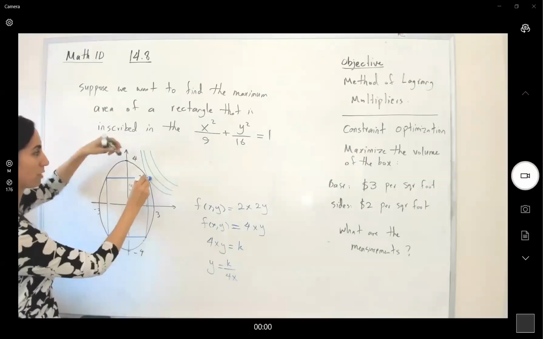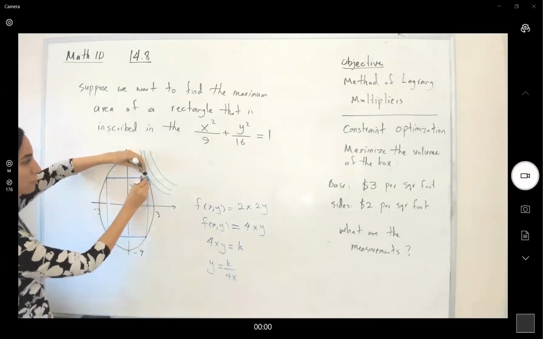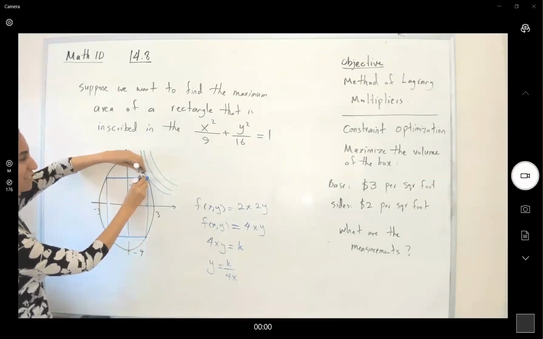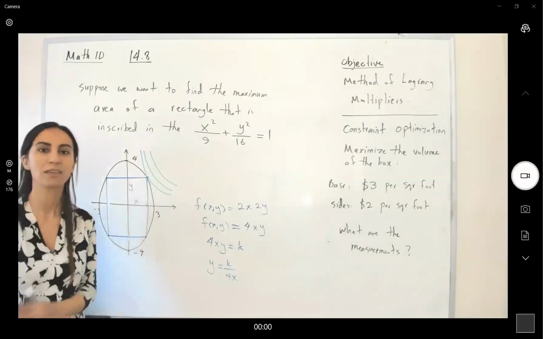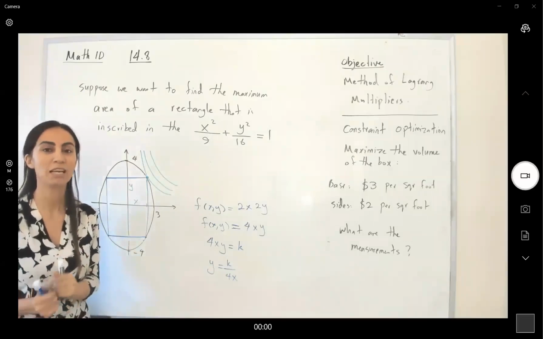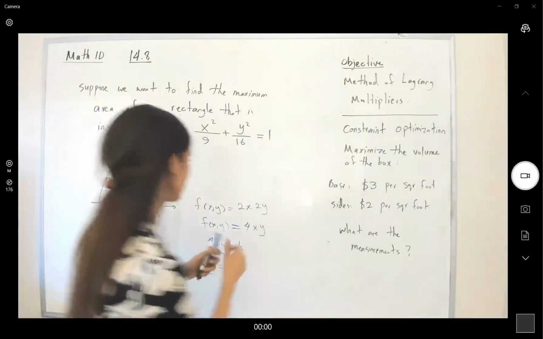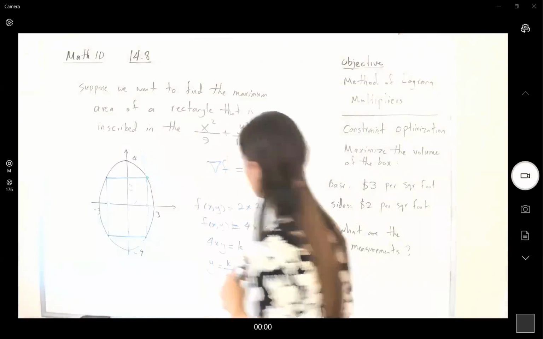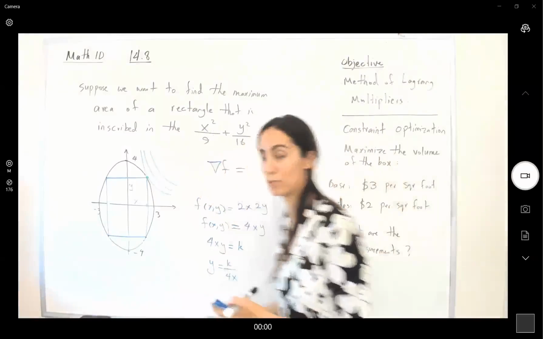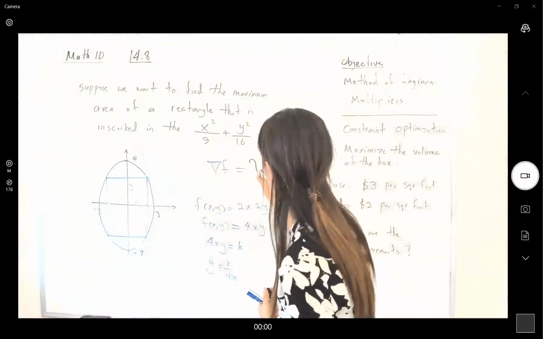So, looking at the level curves of these two functions and the gradient vectors, they are parallel to each other. It means that they are scalar multiples of each other. So you can write gradient of f equals a constant, lambda, times gradient of g.